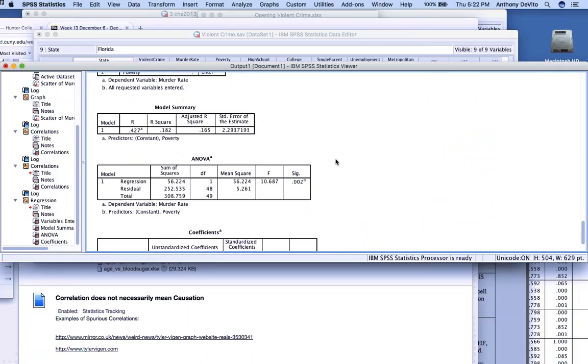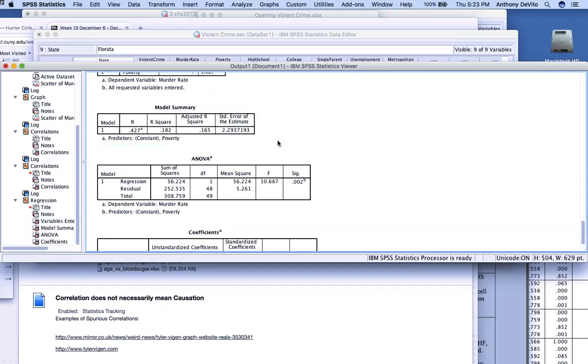The first table it produces is a model summary, which includes the Pearson's R value calculation. Again, there it is, 0.427. It also calculates R squared, which is 0.427 times 0.427, coming to 0.182.